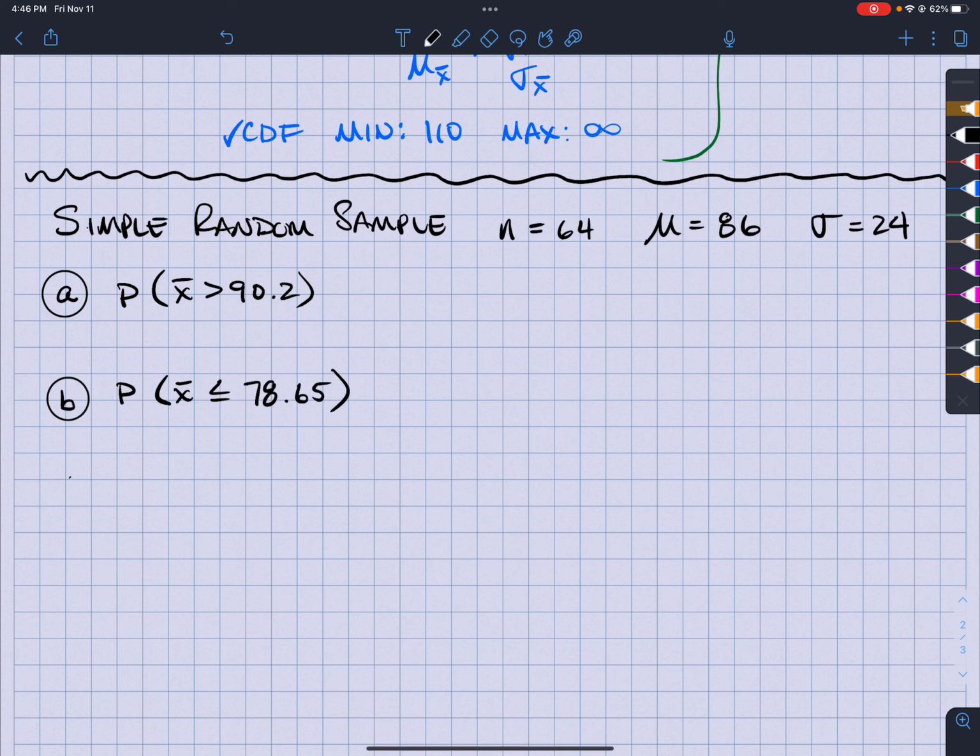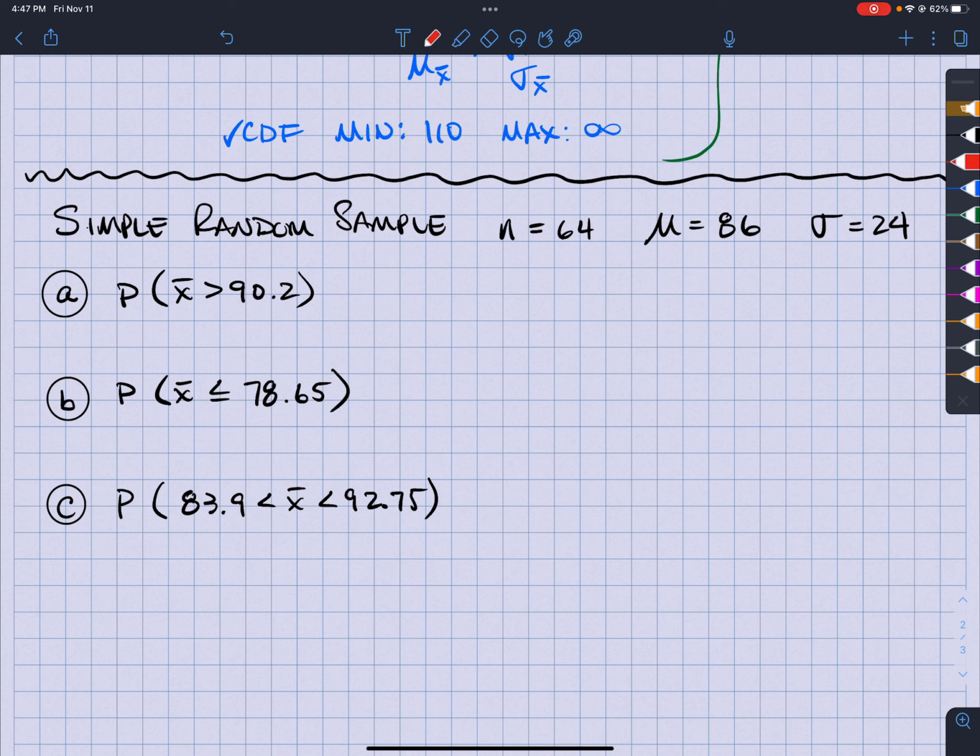And C, the probability of the x bar being between 83.9 and 92.75, okay? So try that out and see what you guys get.